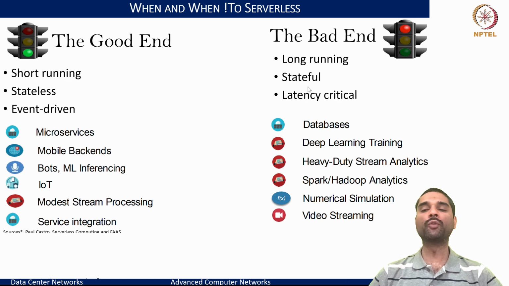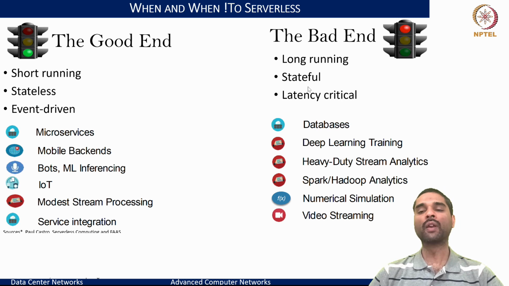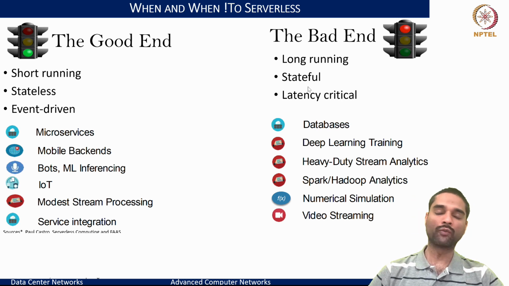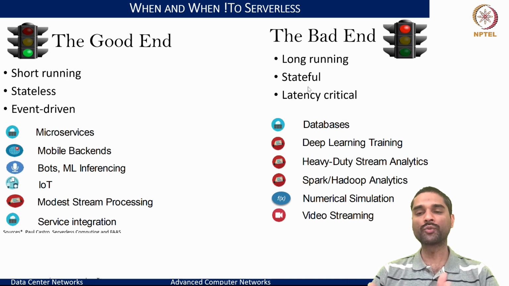And heavy duty stream analytics, if you have an engine that is continuously going to operate on a particular kind of data and do some data analytics, such stream analytics platforms like Spark or Storm or Apache Kafka, all of these stream processing platforms would not be the right fit in this case.